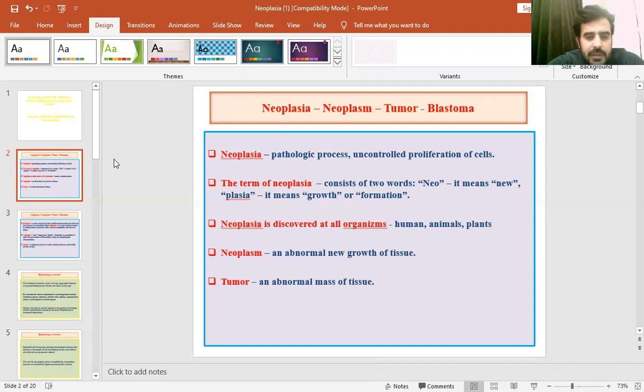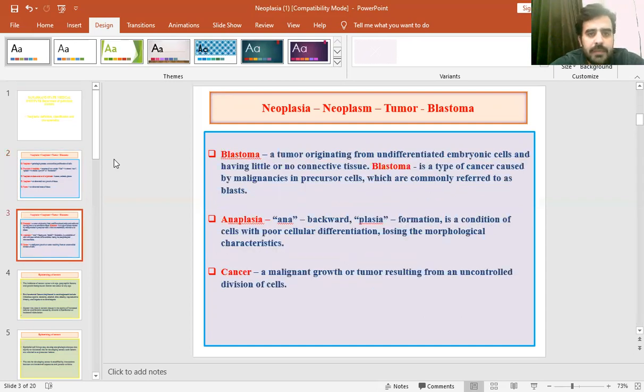Neoplasm is the abnormal new growth of tissue, and a tumor is an abnormal mass of tissue. Blastoma is a tumor that originates from undifferentiated embryonic cells, and it has little or no connective tissue. Blastoma is a type of cancer caused by malignancies in precursor cells, which are commonly referred to as blasts.